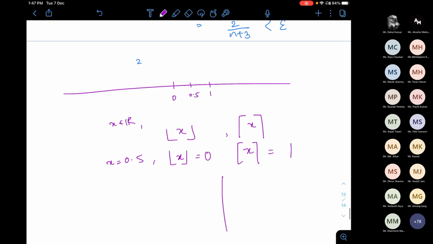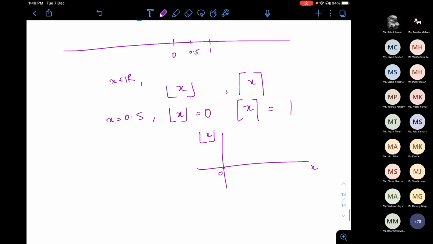Even you can draw the graph of the floor function and the ceiling function. I am drawing the graph of the floor function.